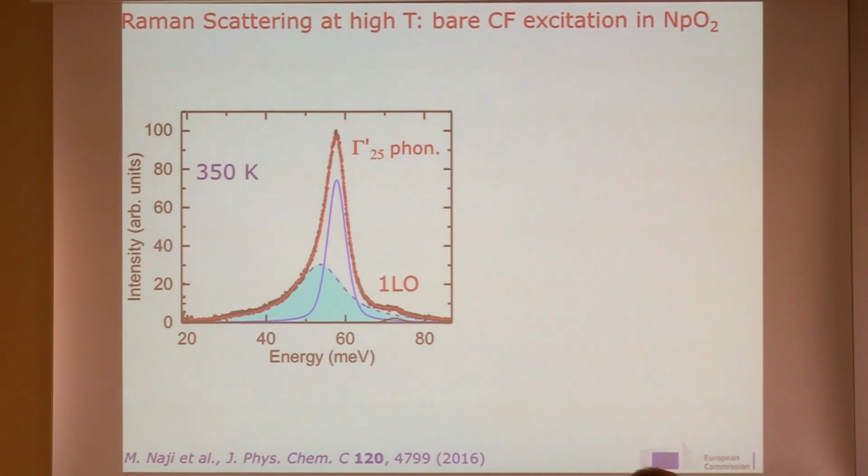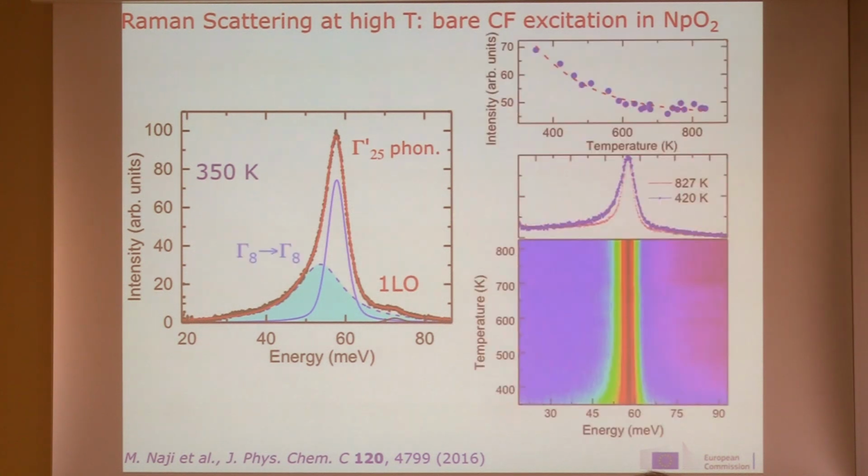For an FCC lattice, Raman scattering, you would expect only two peaks here, one which is the gamma prime 2,5 phonon, and this shoulder here, which is the longitudinal optical phonon at the gamma point. But the line here at 350 Kelvin is asymmetric, and this line shape can be fitted by the sum of three lines.